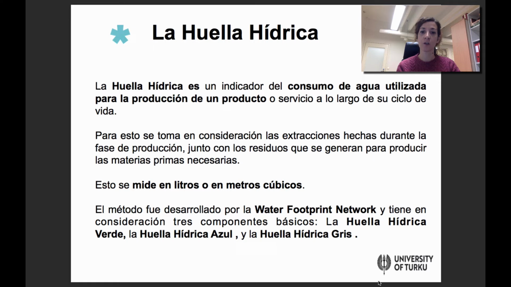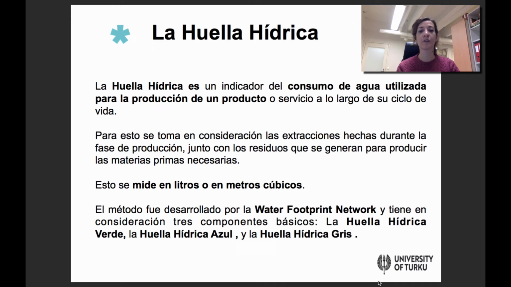So we have not just the water used, but also, for example, the water polluted. And we can imagine that these different types of water will be different in different production stages as well.